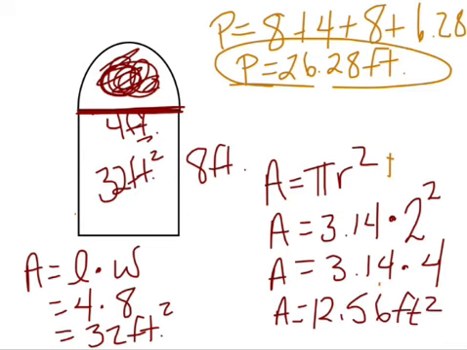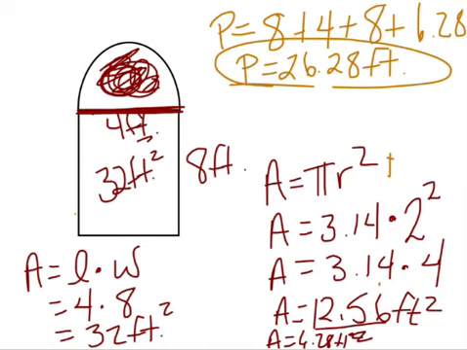But am I done? Have I found the area of this part yet? No, because I just need half of it. So I'm going to divide that by 2. So 12.56 divided by 2 is 6.28 feet squared. Can you read that?